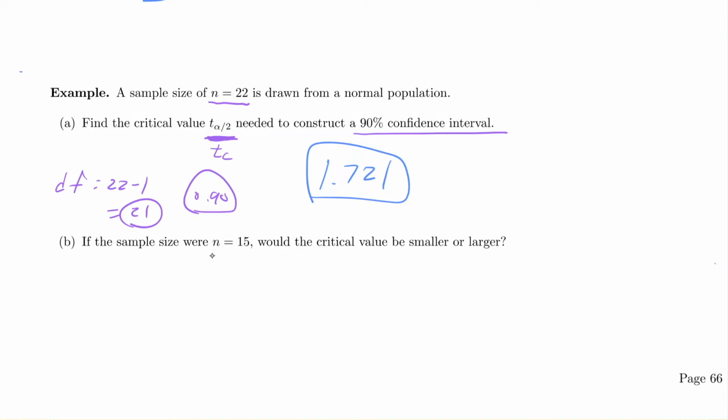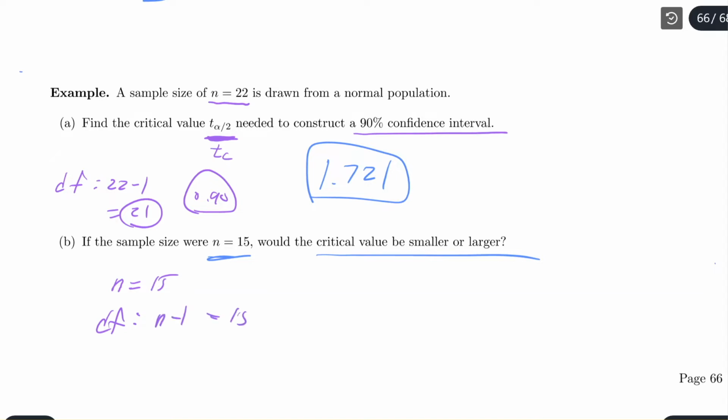If the sample size was 15, would the critical value be smaller or larger? Well, let's find it and compare. So n equals 15, and the degrees of freedom, n minus 1, which is 15 minus 1, gives us 14.